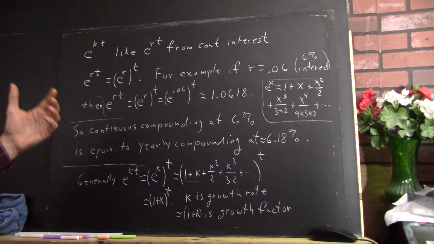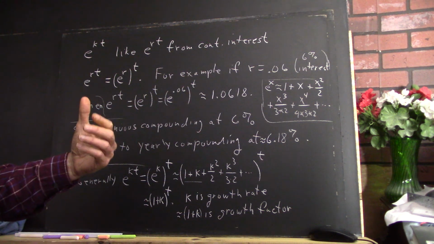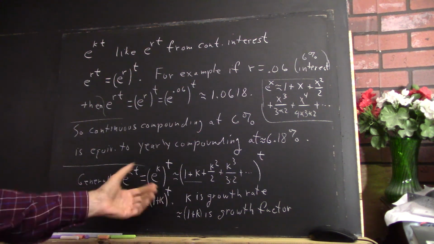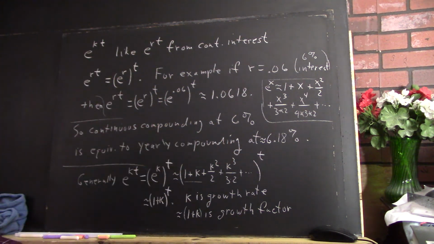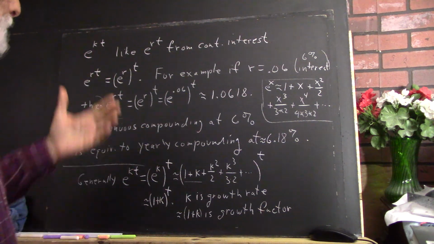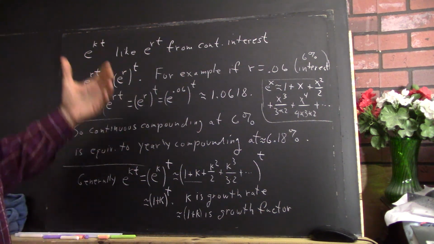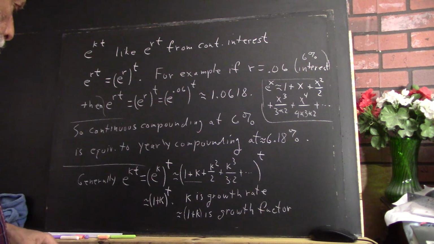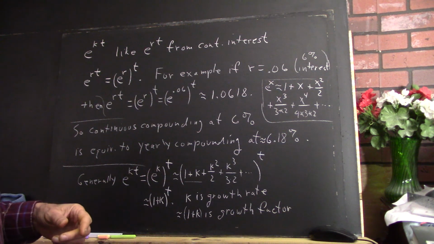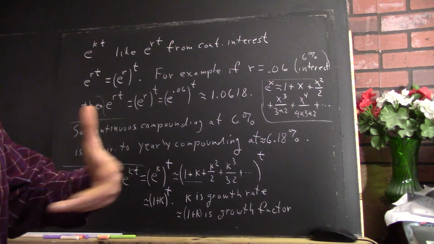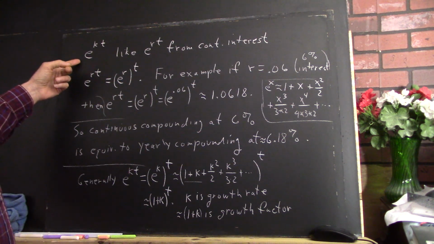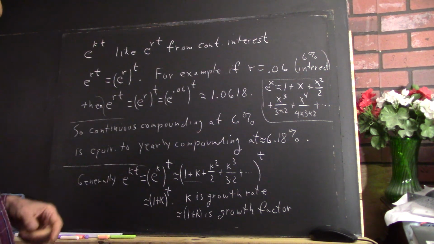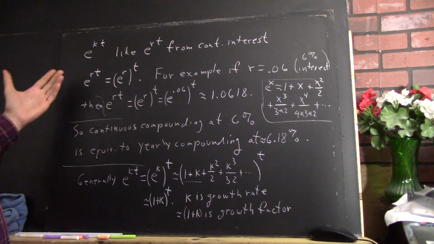If k is negative, then 1 plus k will be less than 1, and that'll give you a decreasing exponential. Okay, so there's the connection, and I should have addressed that earlier. I kind of overlooked it, and I kind of didn't notice that the text had used it. Okay, so it's an oversight on my part, but there it is.